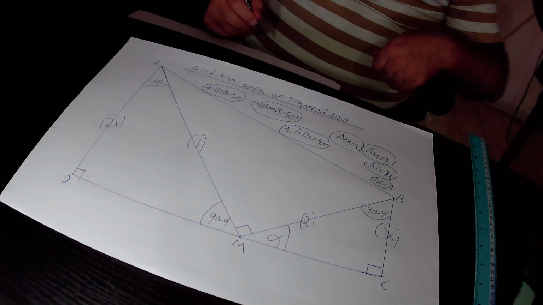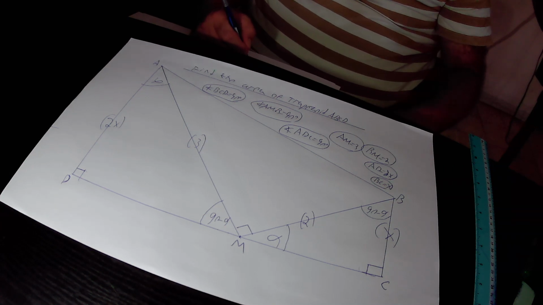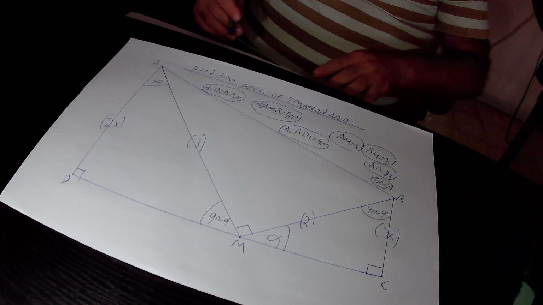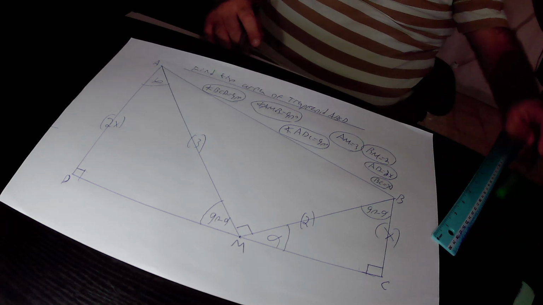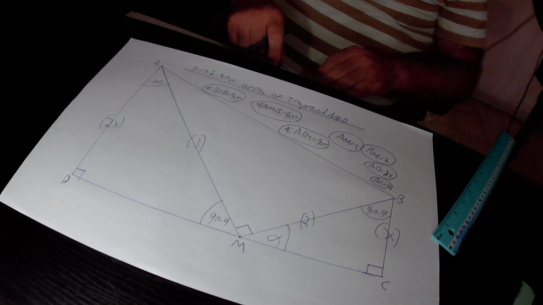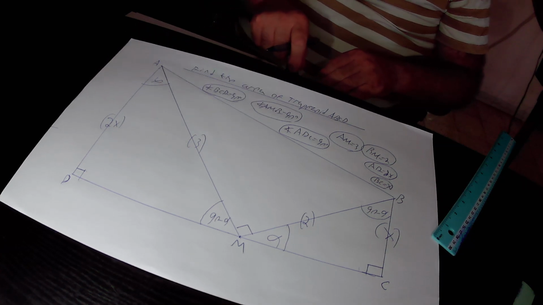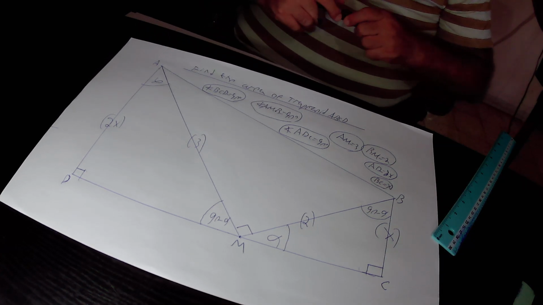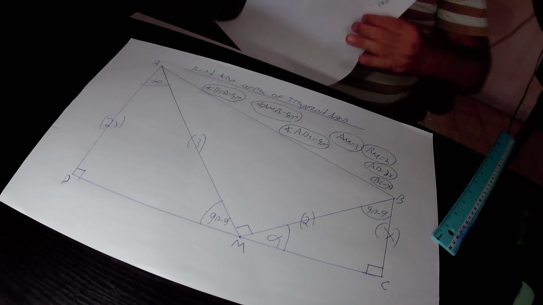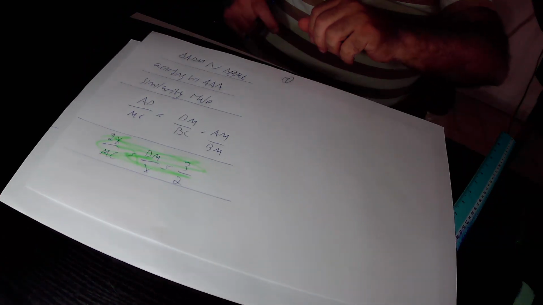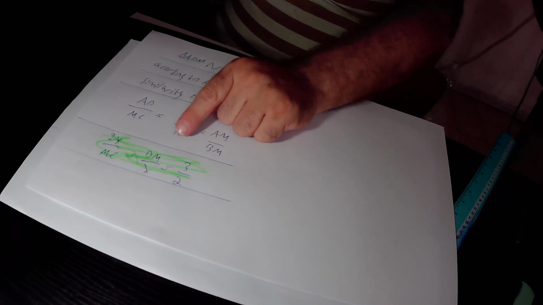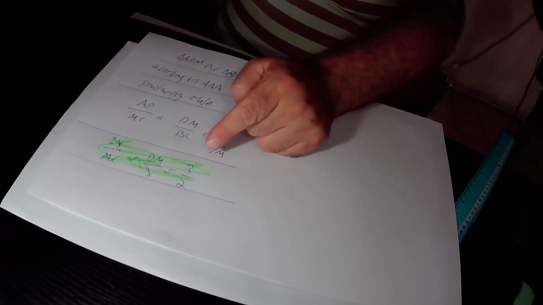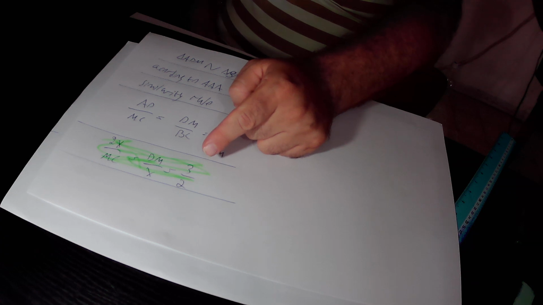BM is 2 according to what is given in the question. So in total, we found that 2x over MC equals DM over x equals 3 halves.